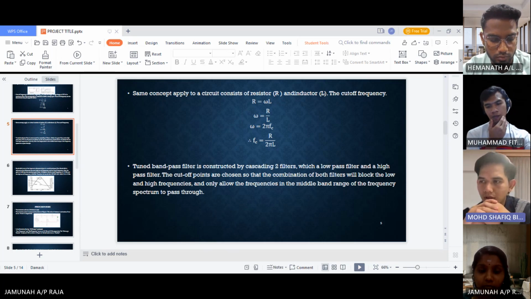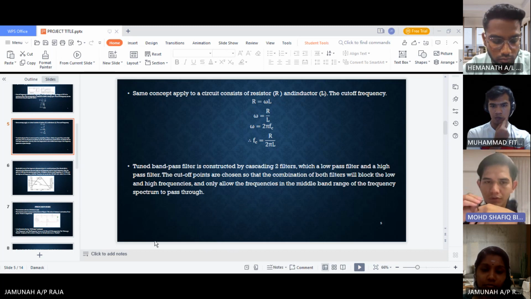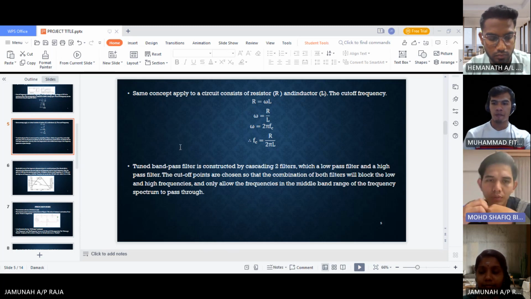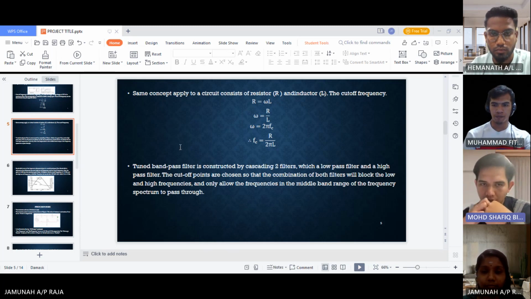The combination works by finding a mid range of frequency to pass through the filter, and then it allows those frequencies to go through. Okay, next.